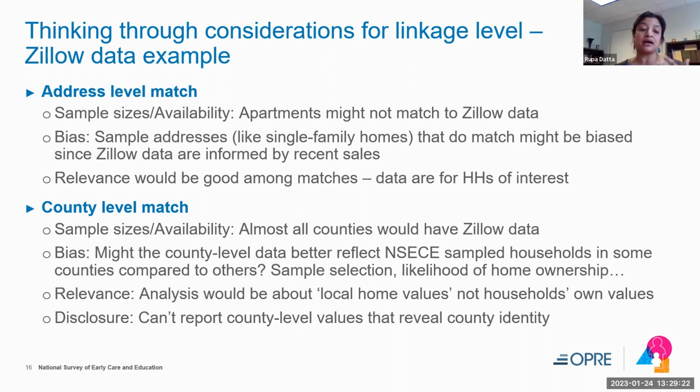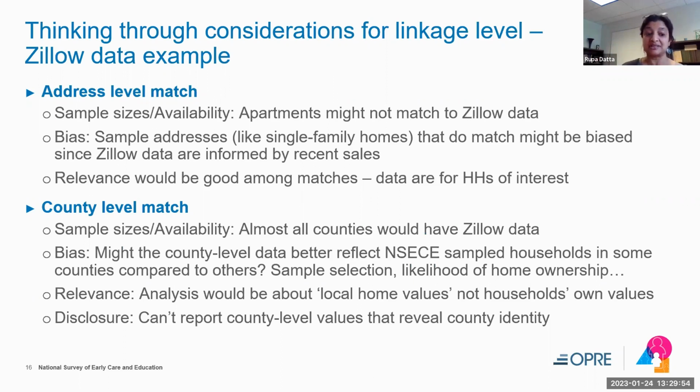So as you think about how much of your sample will actually link, often one of the problems in linkages is not everything links. And so you might find that if you tried to link the NSECE to Zillow data, a lot of the rental units, especially rental apartments, would not match. So that, first of all, is going to reduce your sample sizes because you will have fewer linked observations.